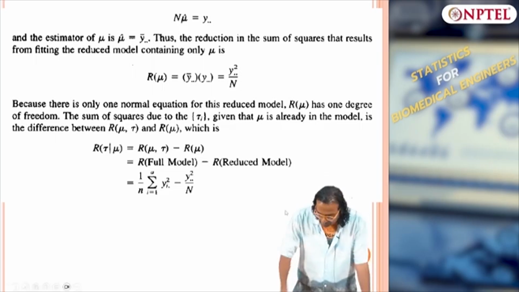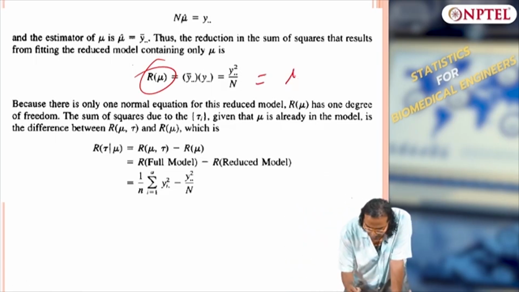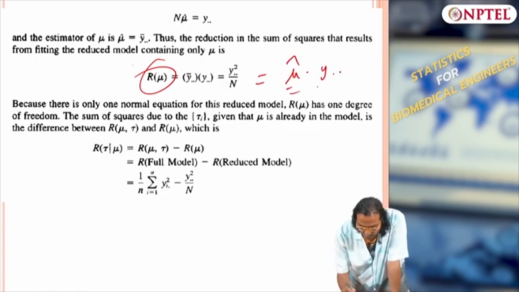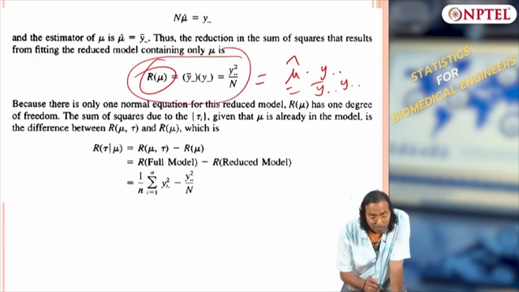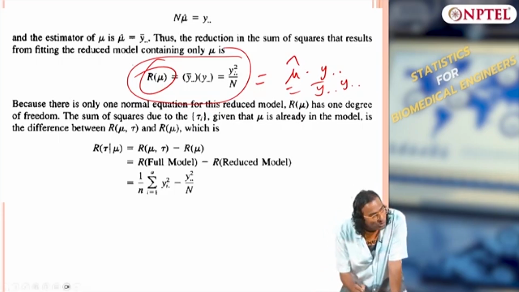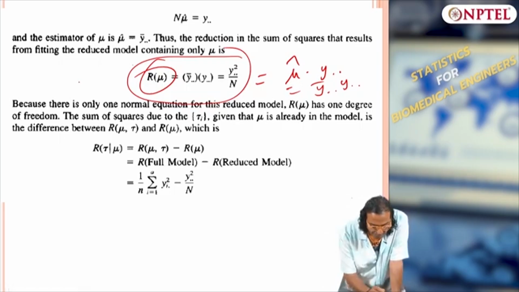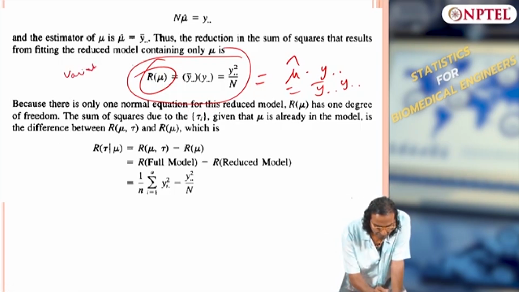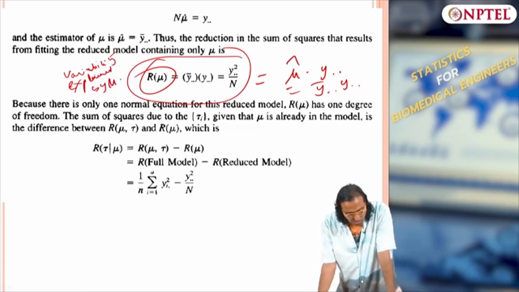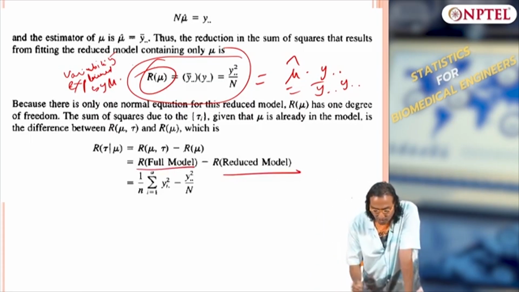So what is the effect of R(mu)? R(mu) is nothing but mu hat into y dot dot, multiplied with the right hand side. What is mu hat? Mu hat is y bar dot dot. So the total variability that is explained by fitting mu as the only parameter is y dot dot squared by N, that is the only variability explained by mu. And what is the variability explained due to tau i alone? That is nothing but full model minus reduced model, minus R(mu).